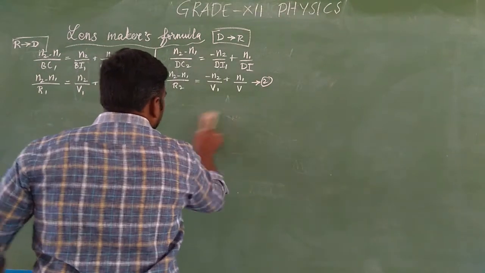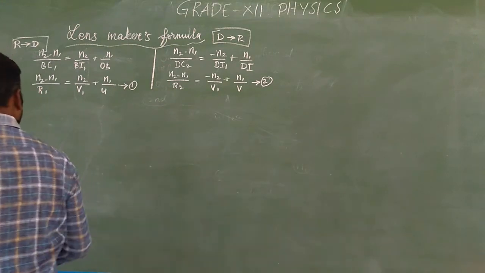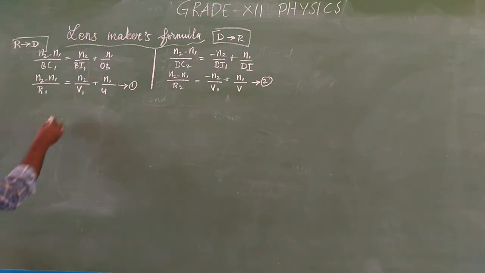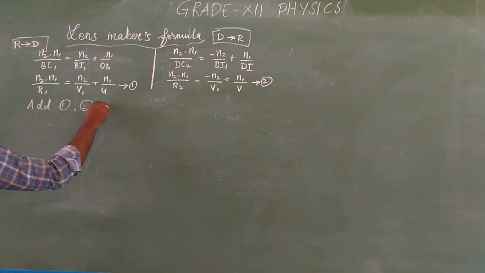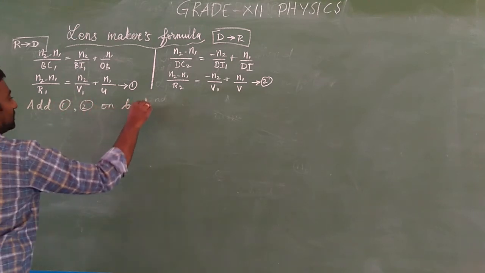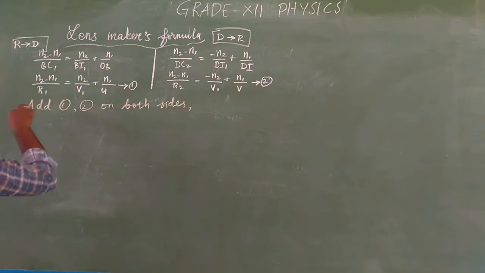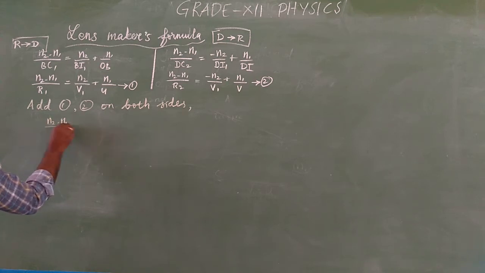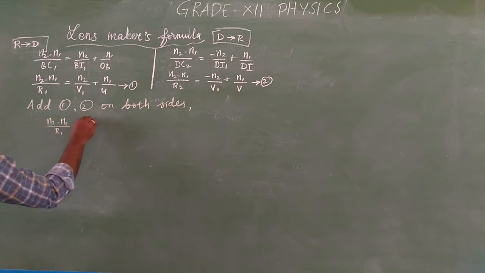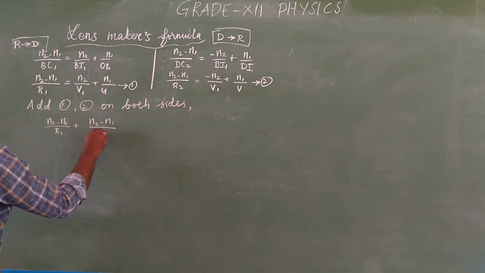Adding these two equations on both sides, on the left hand side we get N2 minus N1 by R1 plus N2 minus N1 by R2.